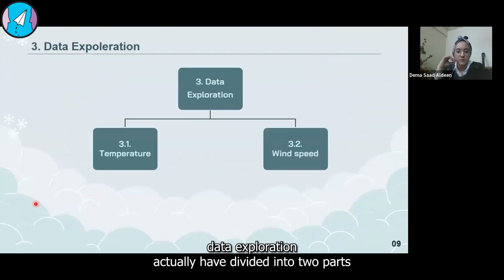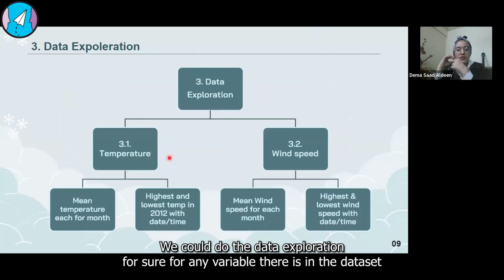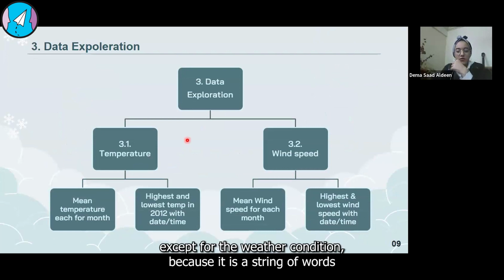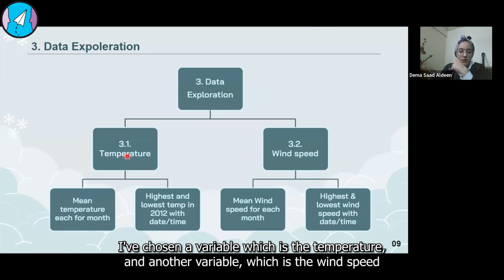Data exploration, actually, I've divided into 2 parts. We could do the data exploration for any variable in the dataset, except for the weather condition, because it is a string of words. So for data exploration, I've chosen a variable, which is the temperature, and another variable, which is the wind speed.